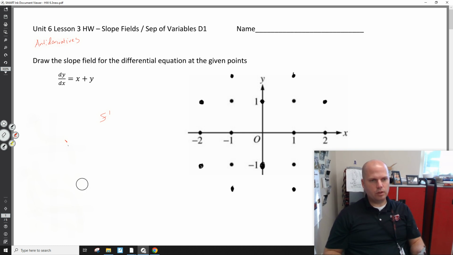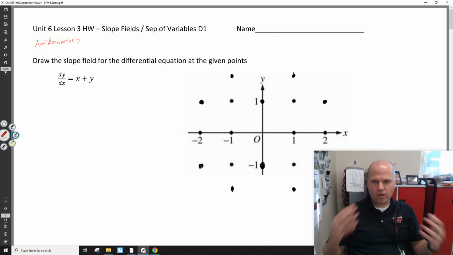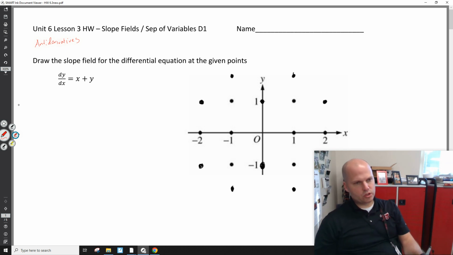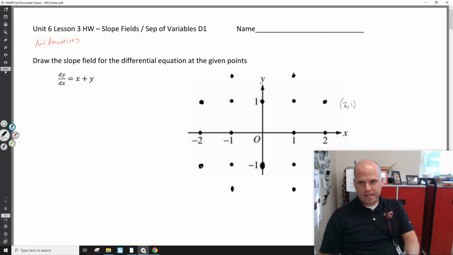We're going to just assume we have these points. These are points on our antiderivative. Find out what the slope is. So what you have to do is understand where the point's located, say 2, 1. Take that point, plug it into your dy dx, and you get a slope, 3.